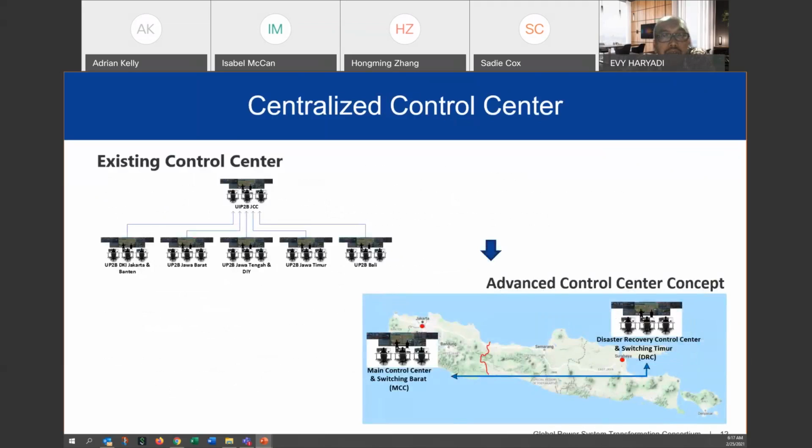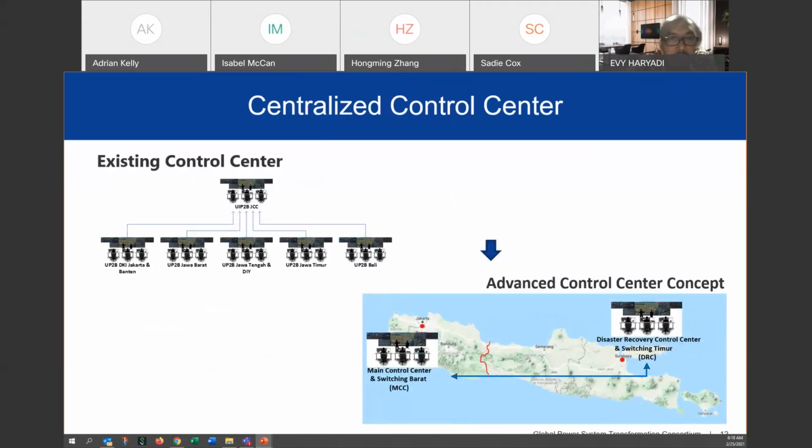This is our existing control center. We have one EMS control center, the 500 kV control center, and we have a hierarchy of control centers with 5 regional 150 kV switching control centers.